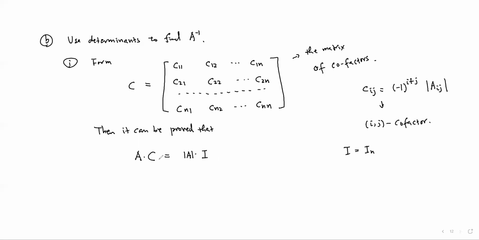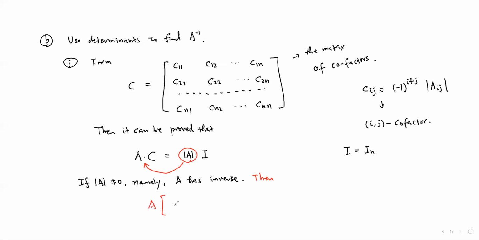So how to find the inverse of A? If the determinant of A is non-zero, namely A has an inverse, if this number is non-zero, then I can move this number to the left side.